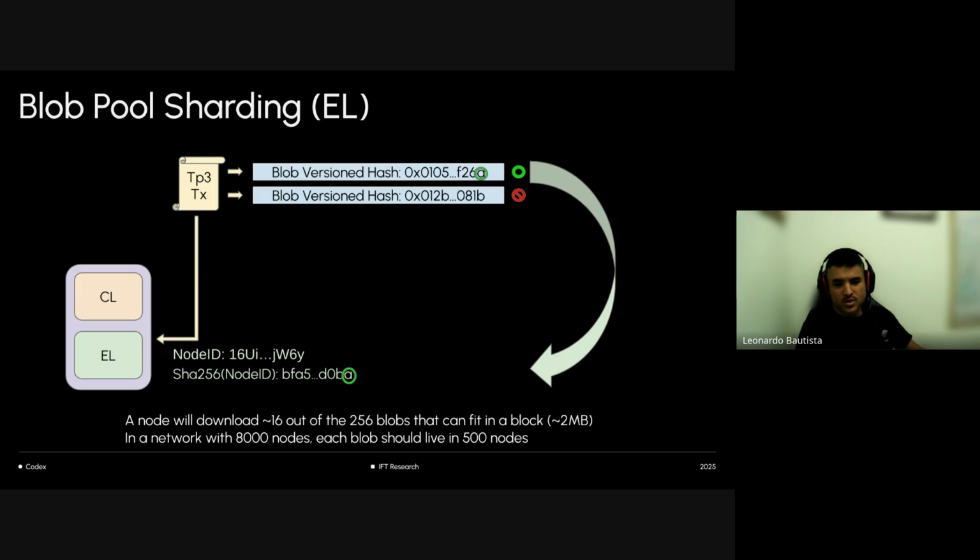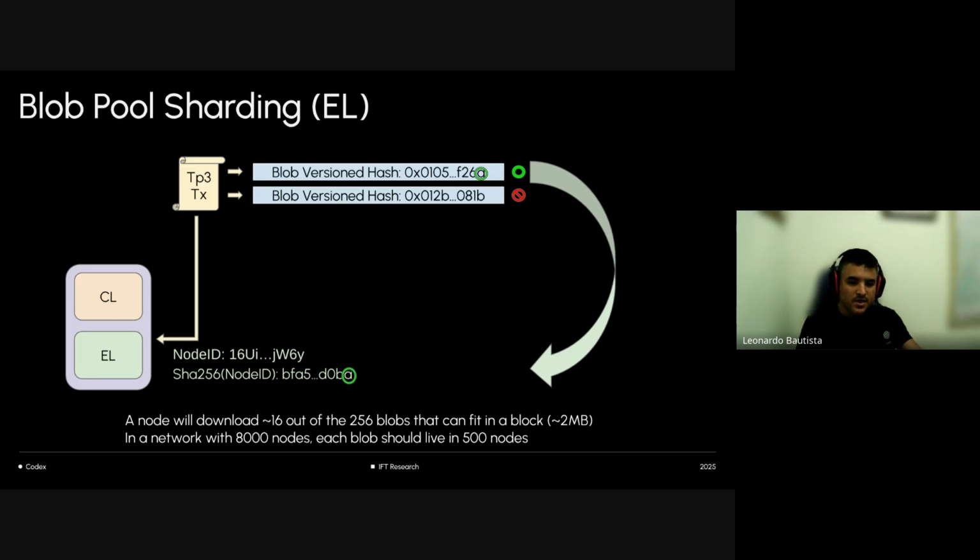Okay, so doing this sharded blob pool, you only need to double the amount of data that you download, but you are multiplying the number of blobs by a much higher number, because we are going from 9 to 256. Okay, so that's much larger.